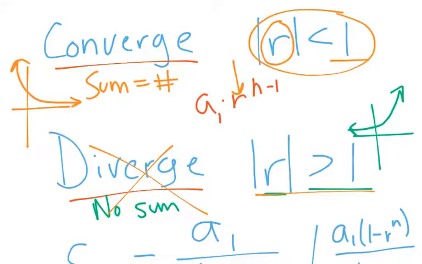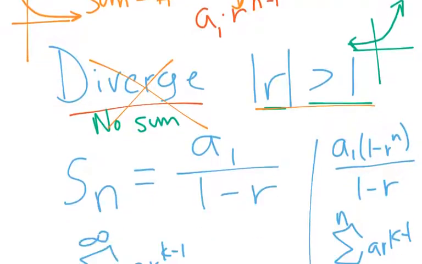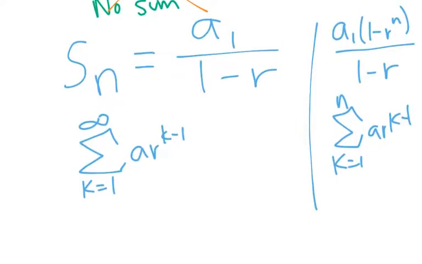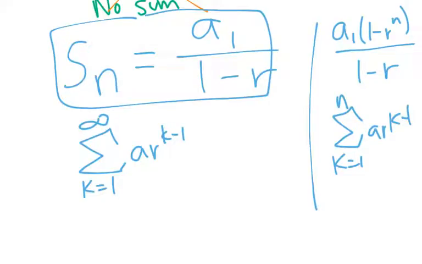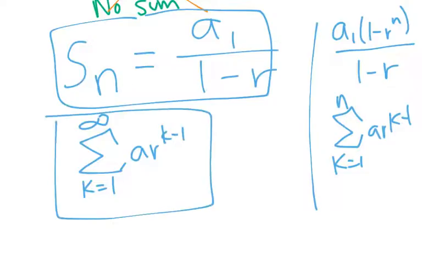When it is less than 1, it's like a fraction, basically between 0 and 1. We can get the sum by using this summation formula. And it'll look like this. This is what the infinite looks like. It has infinity here. We're used to seeing a number up there.